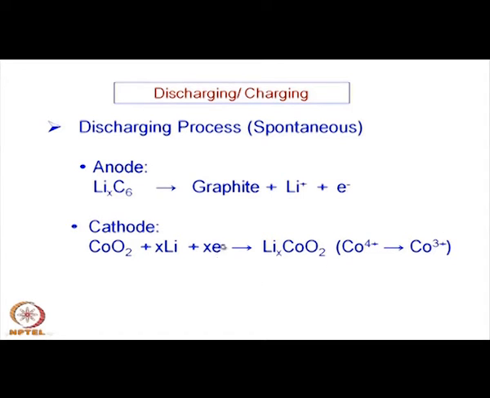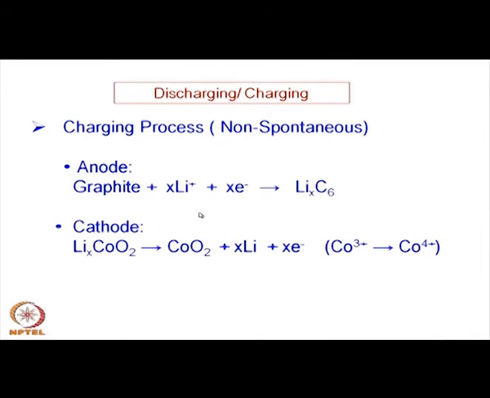Depending on the number of electrons absorbed, the number of lithium ions it gets, that means more and more discharge takes place, more and more cobalt 4 plus converts to cobalt 3 plus. So, that is another structural change which takes place in the cobalt oxide cathode structure. This is what happens in the discharge process, that means when the current is drawn from the battery, and next one will be the charging stage.